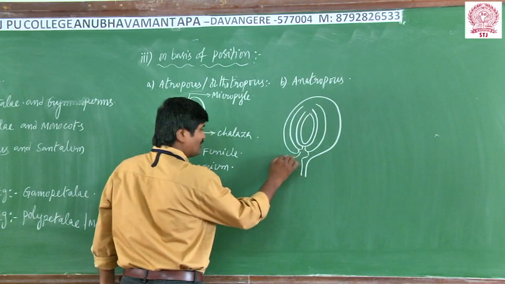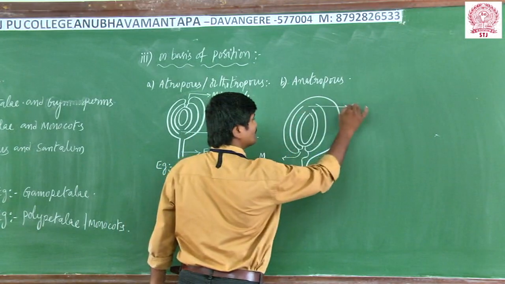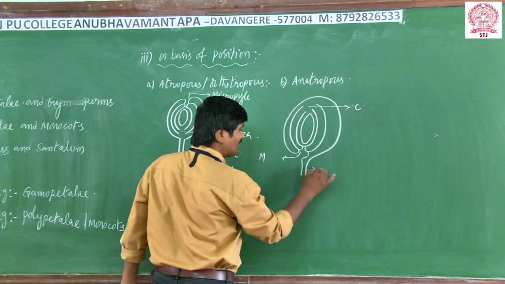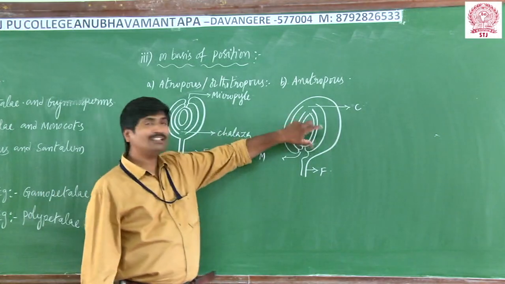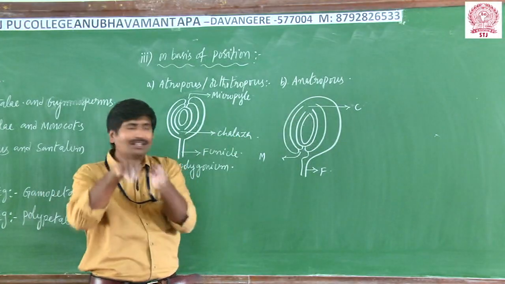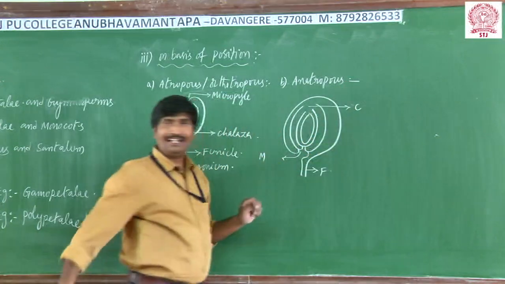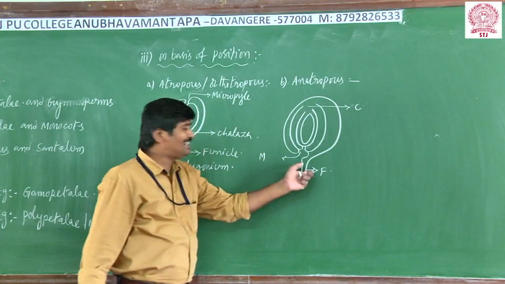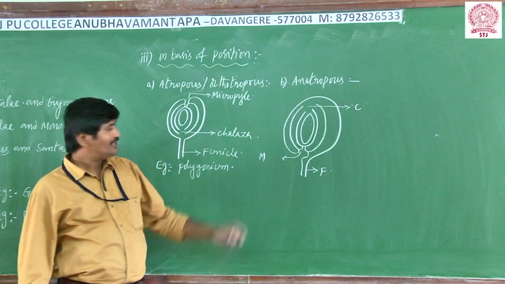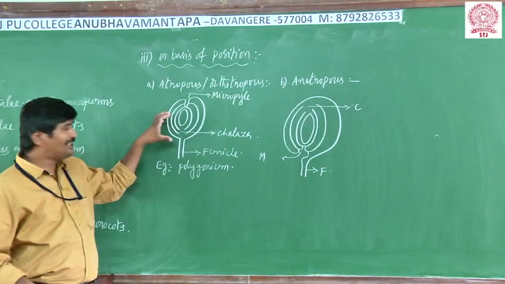Here this is the micropyle, chalaza, and funicle. See here in this structure, the ovule is completely inverted, and the micropyle comes near the funicle. Atropous is the primitive ovule.